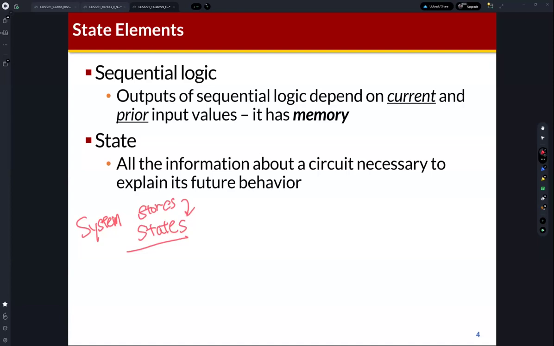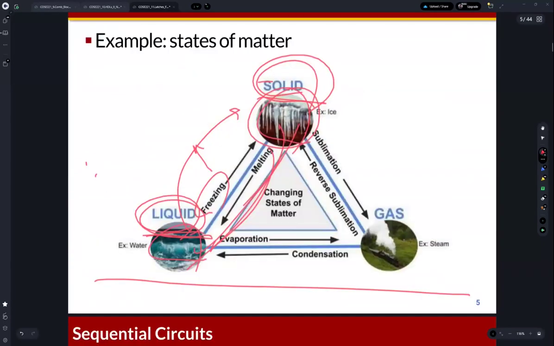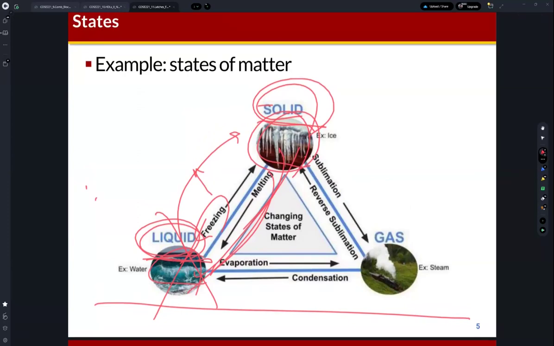In logic, memory means that states are stored in a system, right? In order to store these states, the system requires memory, okay? Because if we do not have memory, then we cannot store this state like liquid. In a real system, like a nature system, if we do not know the current state like liquid, then we don't know the output.